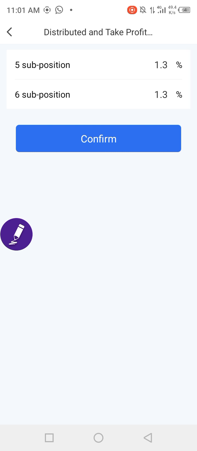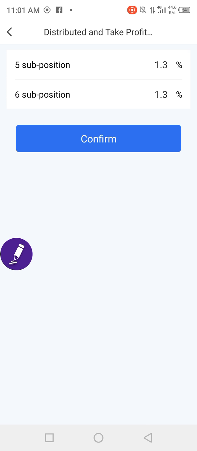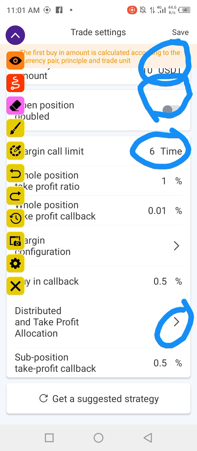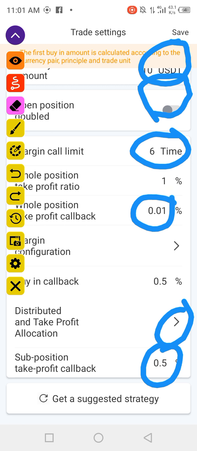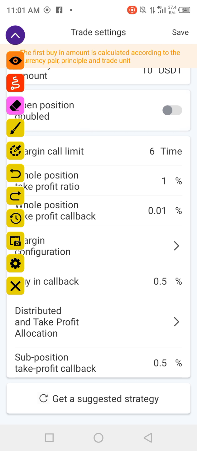These two positions were set at profit 1.3 each. So the profit callback for these two positions is this one. So usually we set this and this at the same figure, with understanding.